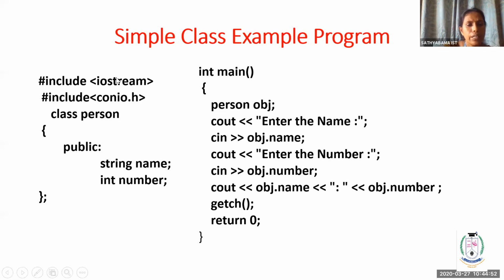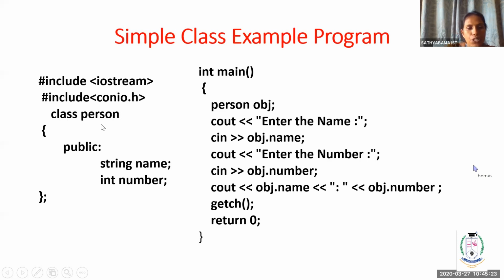But in the C++ program, we have to include the iostream, input-output stream header file, to access all your input-output statements. And you must also include the conio.h header file for accessing your getch as well as clear screen functions, which is included with the support of this library conio.h.